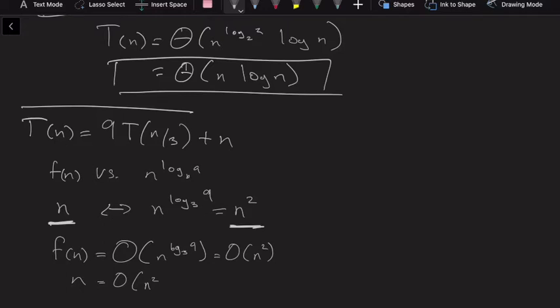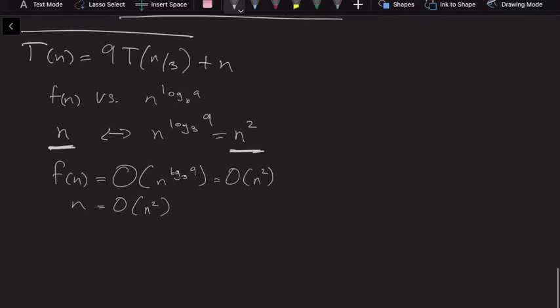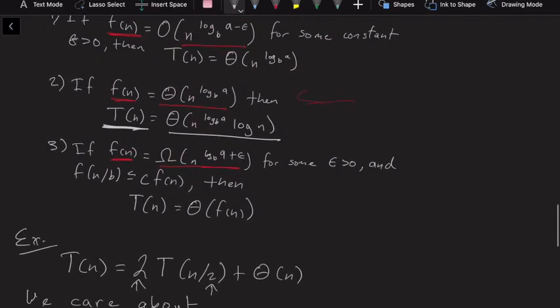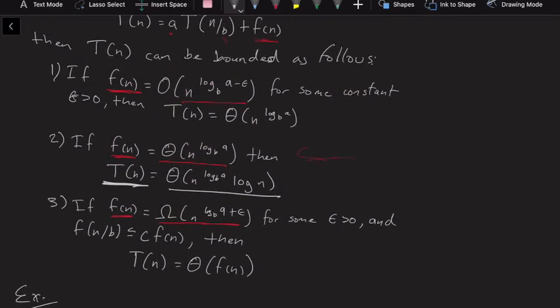Epsilon could be anywhere between 0 and 1, so we could find an epsilon and still have it be true. So f of n is upper bounded by n to the log base 3 of 9 minus some epsilon, which is this right here.